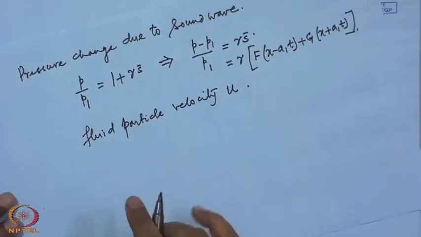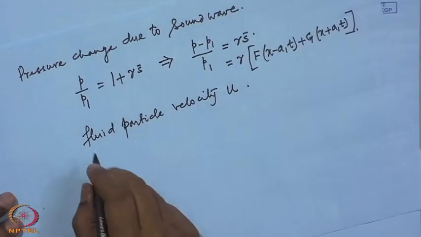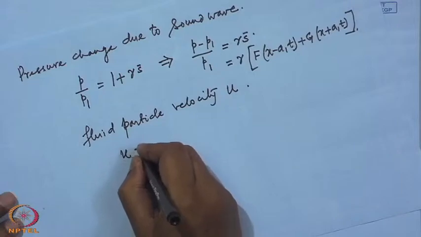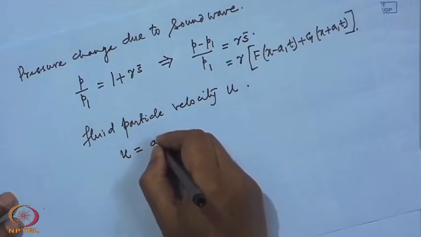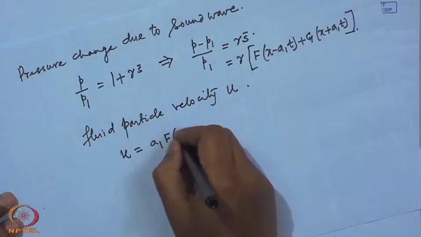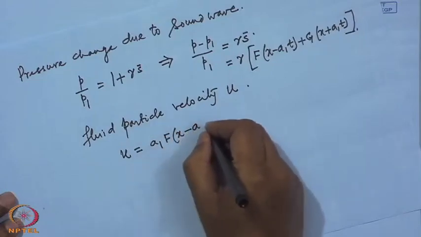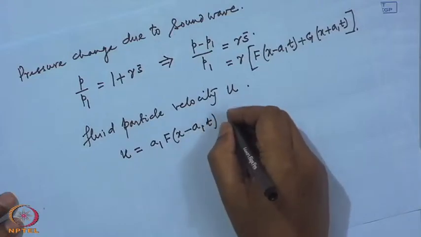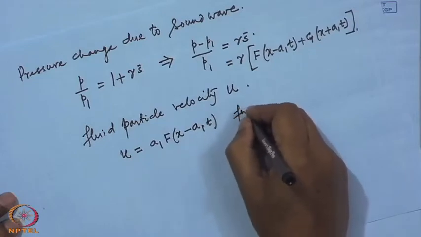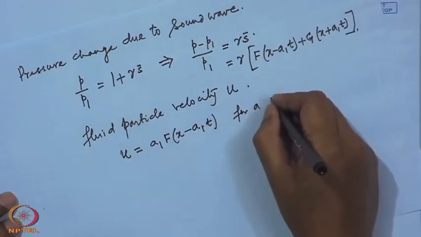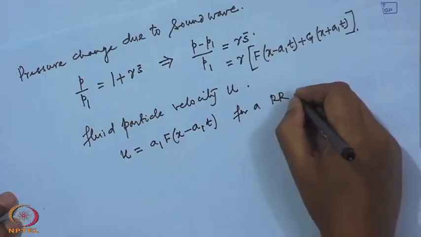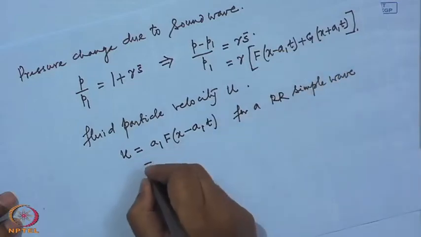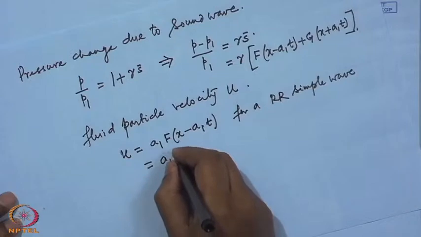For a simple wave, the velocity disturbance is, as you have already seen, u equal to a1 f(x minus a1 t) for a right running simple wave, which of course is equal to a1 s.